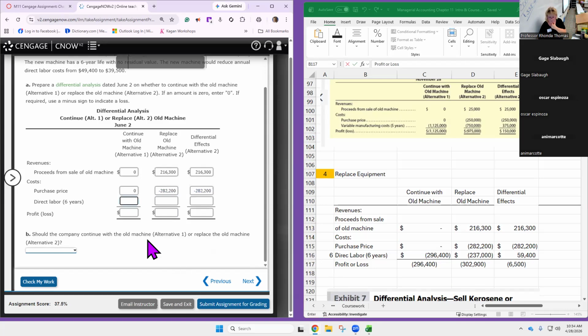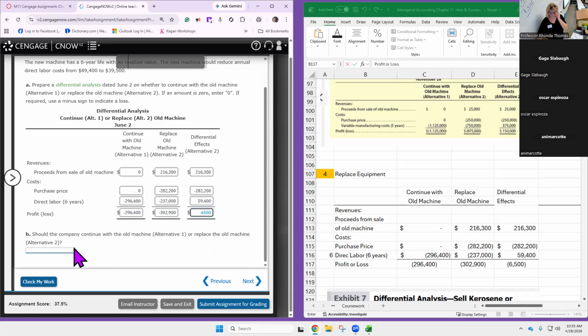Okay, so once again, those direct labor costs, we do have to remember to take those times 6 years. Okay, and then those are 59,400 and then negative 296,400, go to 900,6,500.